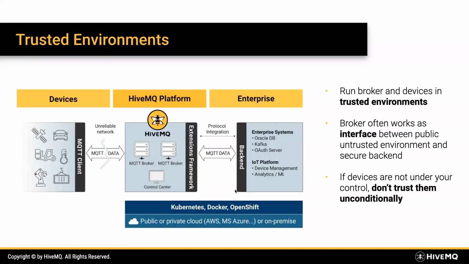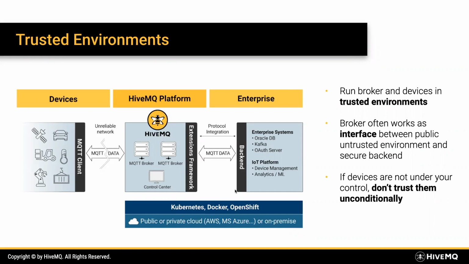So what does a trusted environment look like? First one, you have to run a broker and the devices in a trusted environment. This means in some kind of place where you can depend on the execution of your application. This can be, of course, in a cloud that you trust.